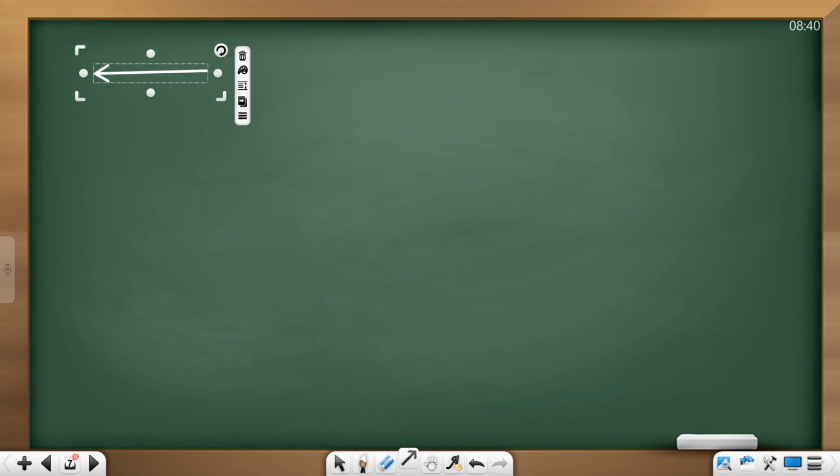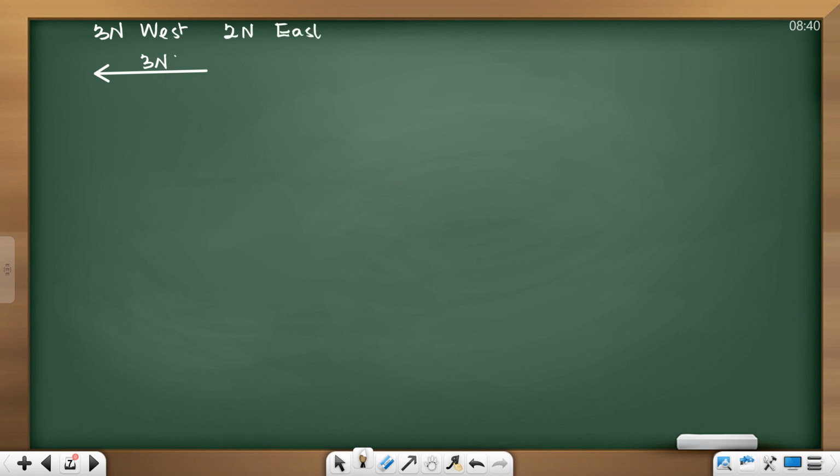If I have my 3 Newtons at that point, it was 3 Newtons west, and 2 Newtons east. 3 Newtons to the west, and 2 Newtons to the east.